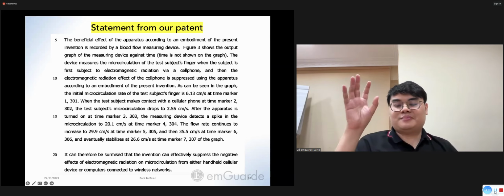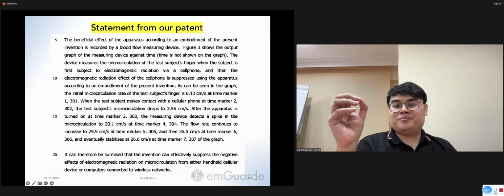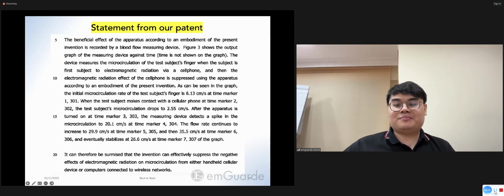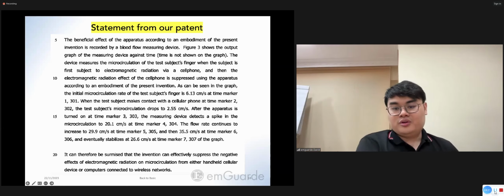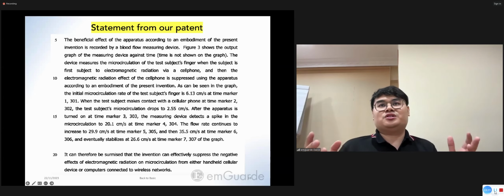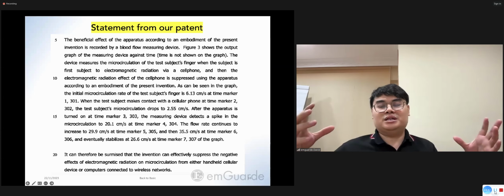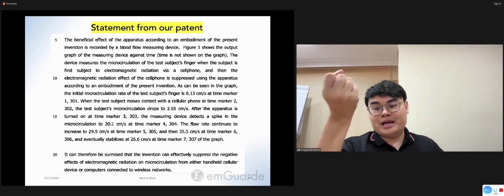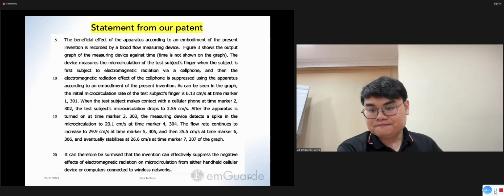Meaning before the subject holds the phone, the microcirculation speed from the finger is 6.13 cm per second, but as soon as the subject holds the handphone, it reduces from 6.13 to 2.55 centimeters per second. So there's a reduction. This means Dr. Magda Havas's research about rouleaux formation, how your blood slows down and sticks together, is true, because based on the patent submitted by the developer, there is a drop in microcirculation speed when we hold a cell phone or any electronic device. So far, so good?